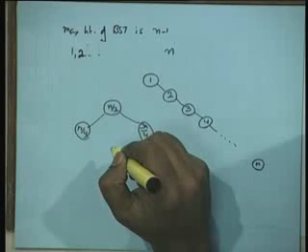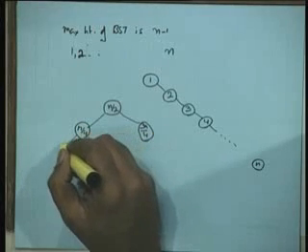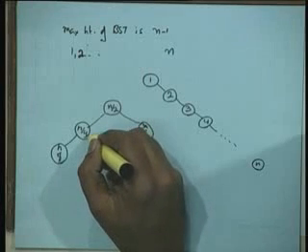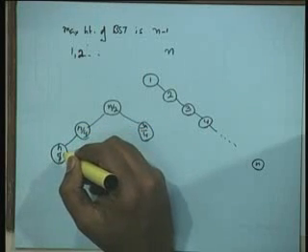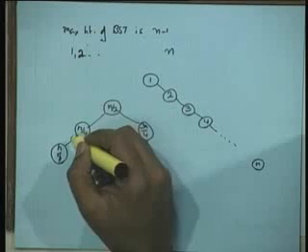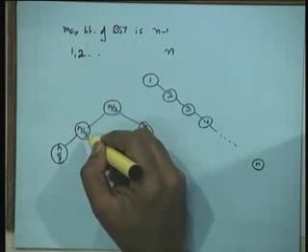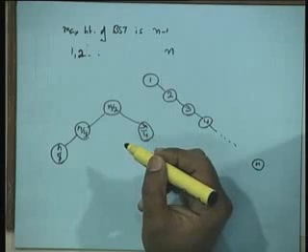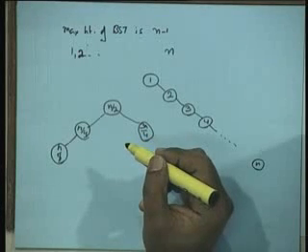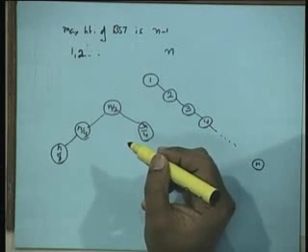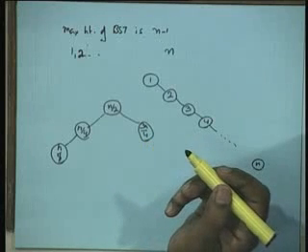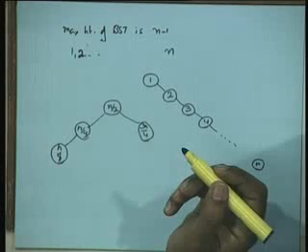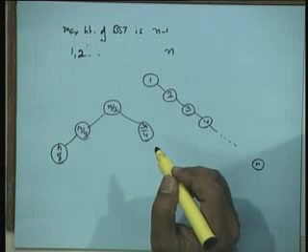And now n by 8. Is it clear that n by 8 will come here? It's clear to everyone, right? Why? Because we'll compare and we'll put it here. And which is the next one? 3n by 8. Suppose I insert 7n by 8.